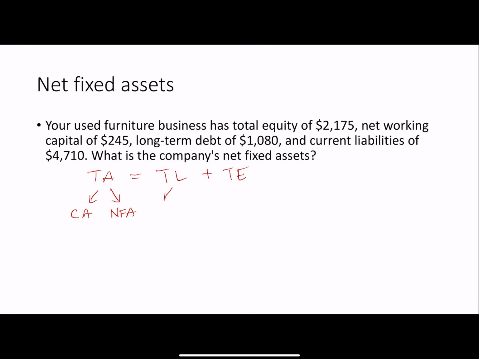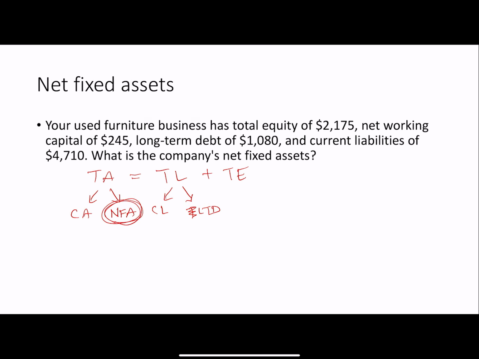Total liabilities can also be broken down into current liabilities and long-term debt, right? All right, so we're going to use this information to see if we can figure out this number here, net fixed assets. So let's think about what we've been given.